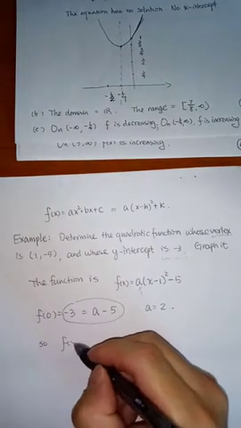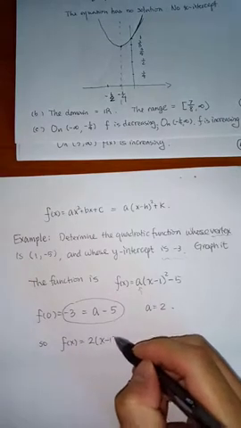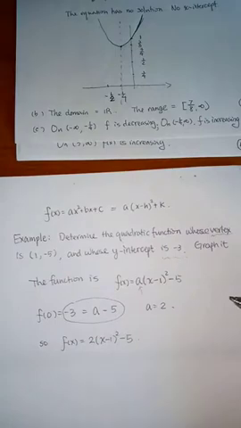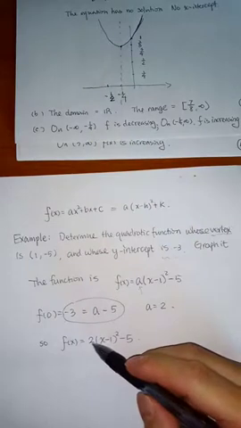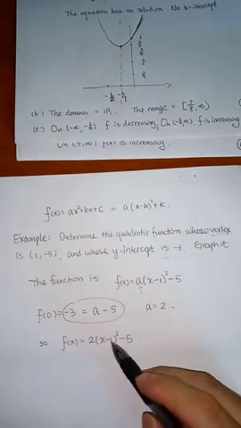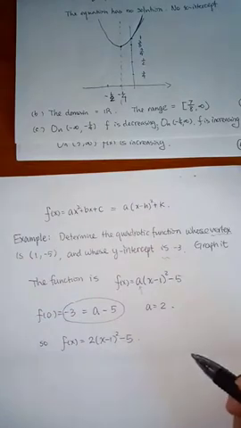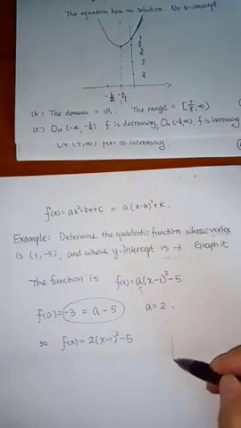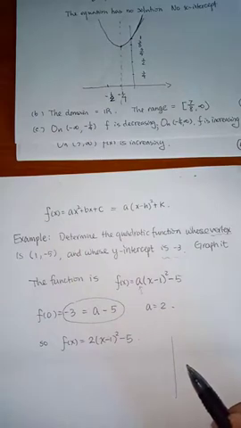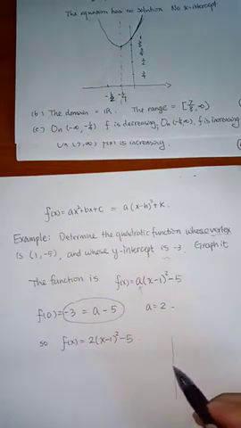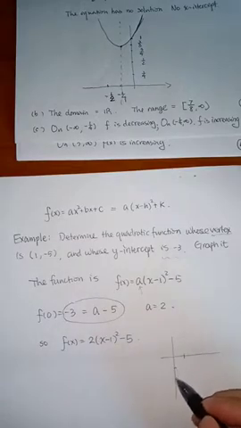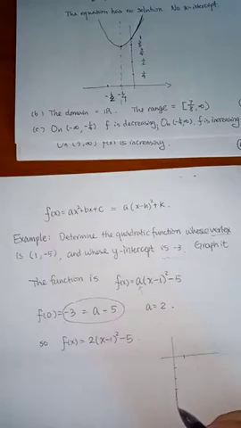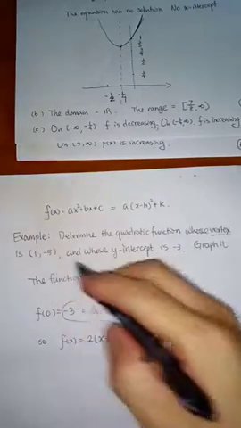So the equation is 2 times (x minus 1) quantity squared minus 5. Right? So it opens up, with vertex (1, -5), and with a y-intercept of -3.